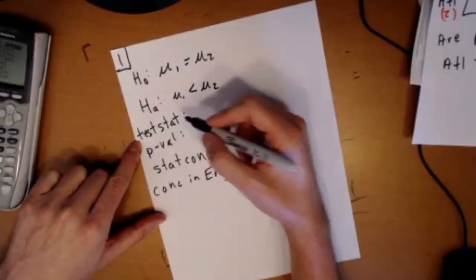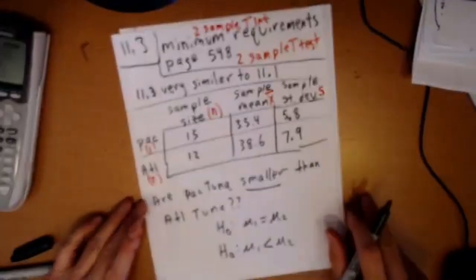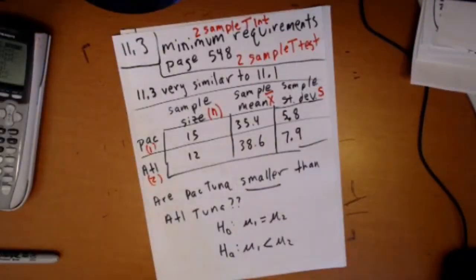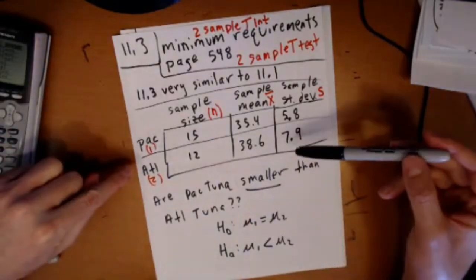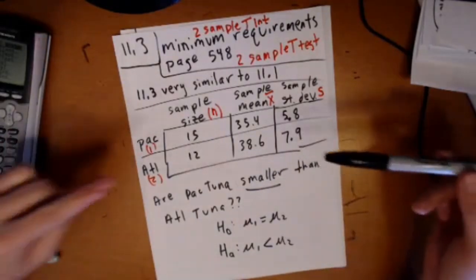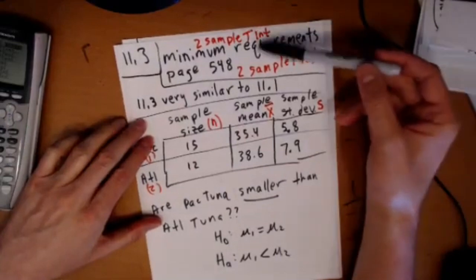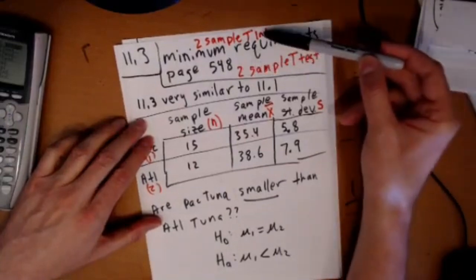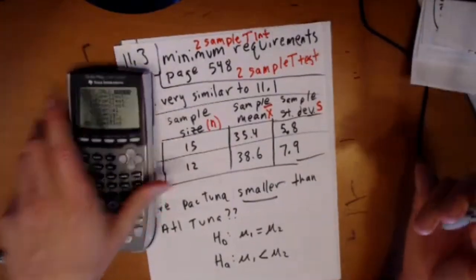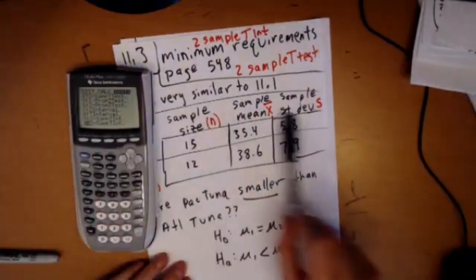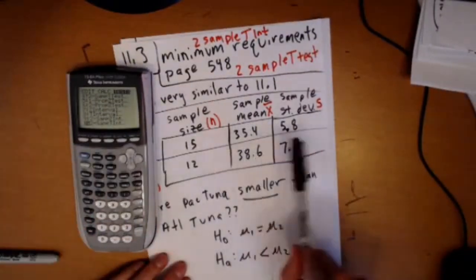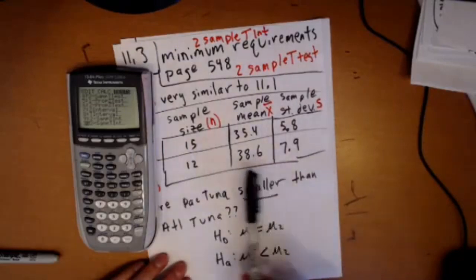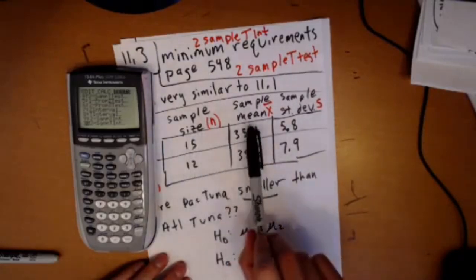Test stats. We're going to need to throw this all into our calculator. Is this a hypothesis test or a confidence interval? Hypothesis test. So we're going to use the two sample t-test, not int for interval, but test. Is this raw data or summary statistics? This is a bunch of summary statistics: the n, the x bar, the s.